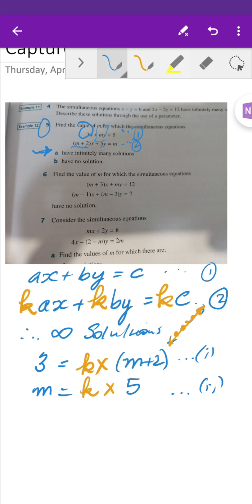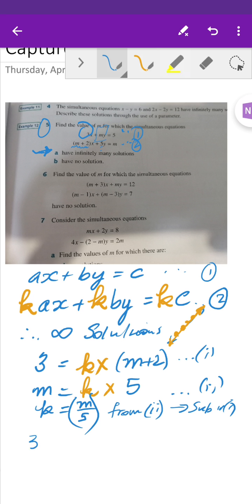So let's solve these. If m equals 5k, I want to find the value for m, so I'm going to replace k. Let's say k is m over 5 from the second equation, and then we substitute that into the first equation. So we replace k in the first equation with m over 5.